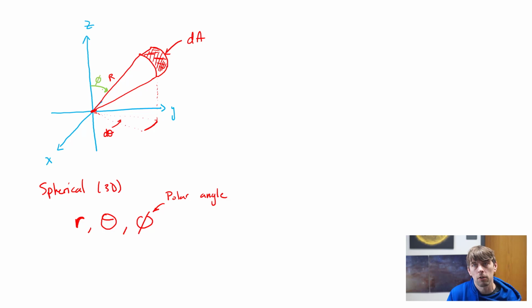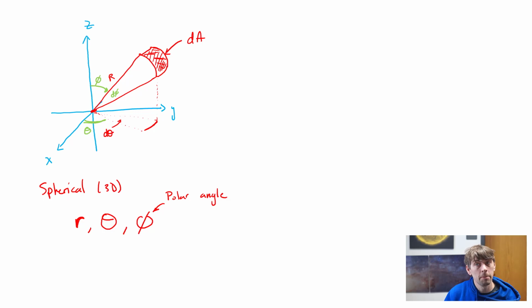So that's what I've called phi here. Of course, this angle in the xy plane is theta. And as I've already mentioned, a small change in the xy plane will be referred to as d theta. A small change in the polar angle will be written as d phi.